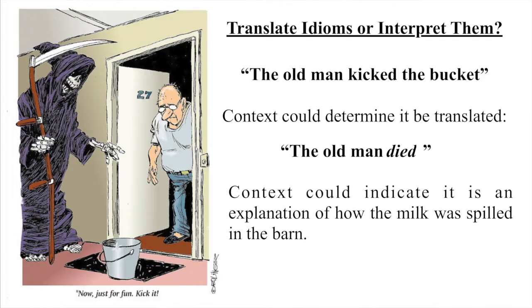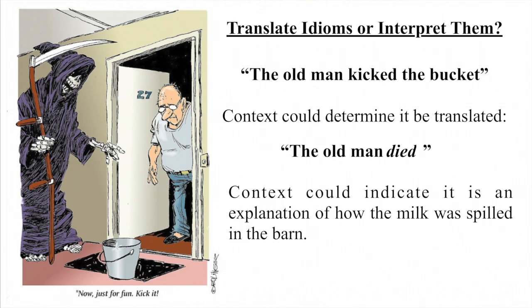For example, in English, to say the old man kicked the bucket can mean that the old man died. But if the old man was in the barn milking a cow, it could be an explanation as to how he spilled the milk.